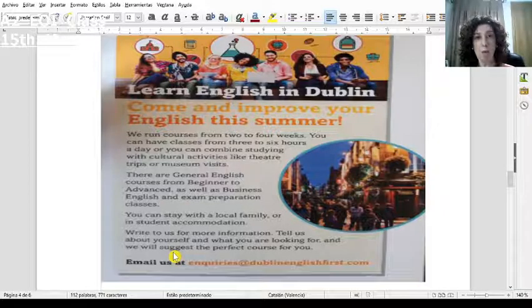¿A on va adreçat este mail? Email us at enquiries, vegueu, sol·licitud d'informació, at dublinenglishfirst.com. Què tenim ací? The email address. Però sabem a la persona que va dirigit? No. Com començarem? Dear sir or madam. Per tant, com acabarem?